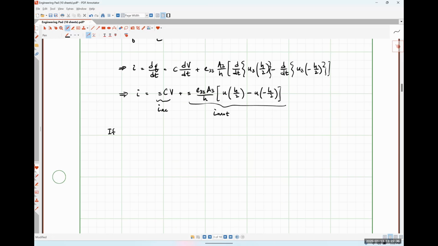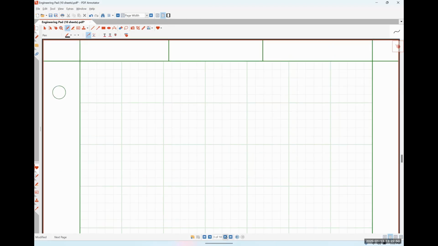So IAC is just literally the steady state sinusoidal current flowing through our parallel plate capacitor, right? So let me go several pages forward here. Okay.